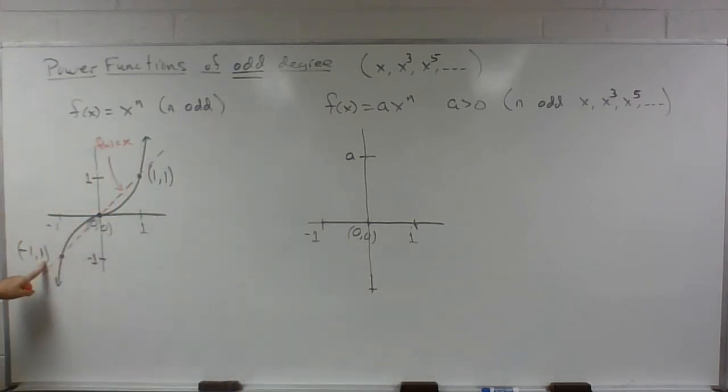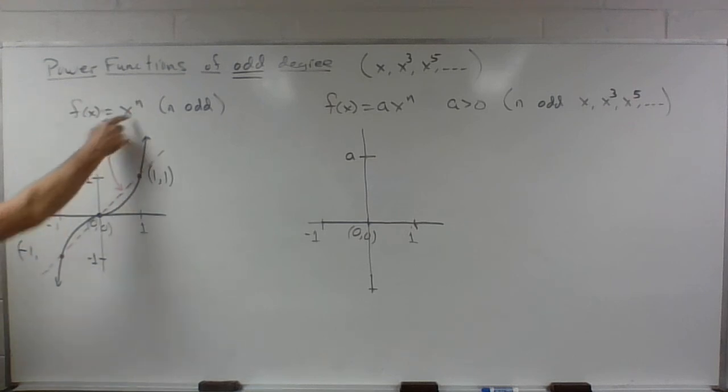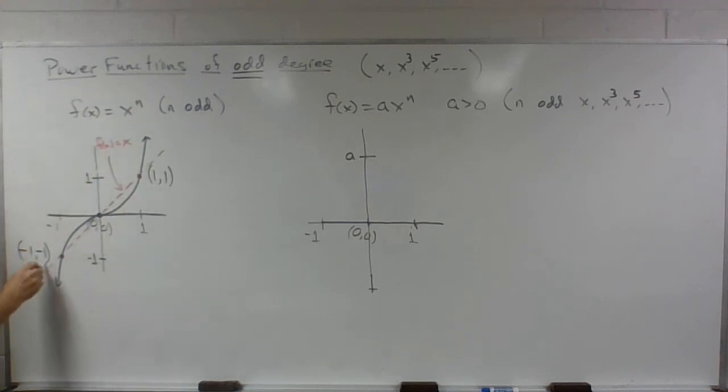We take the y coordinate, measure it. You know what? This is not right. When x is negative 1, x to the n is negative 1. I apologize. I was missing a minus sign here.